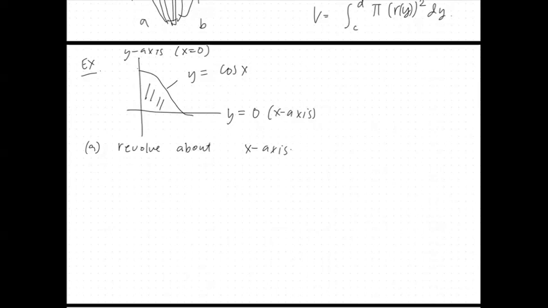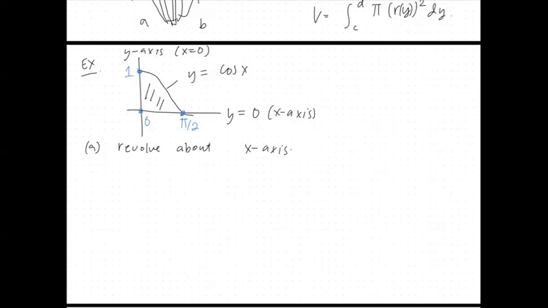In case you are curious, the intersection is at pi over 2 and 0, and 0 here, and we get here 1. Okay, first revolve about the x-axis and then about the y-axis.